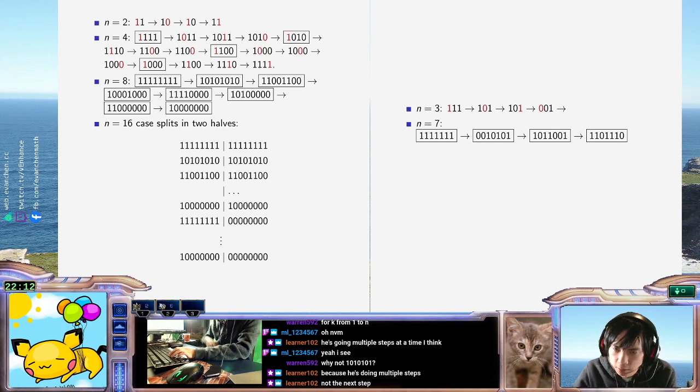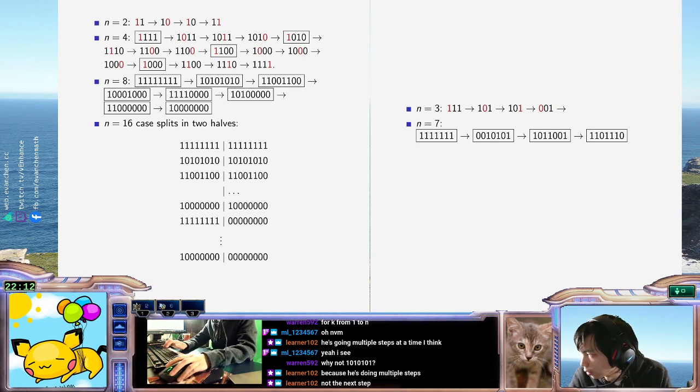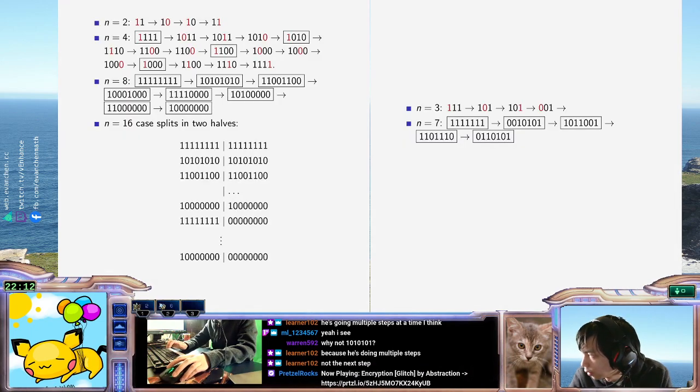Oh man. Lame. I hope I'm doing these partial sums correctly. Oh, okay, we got a last bit of 0, which is not good.